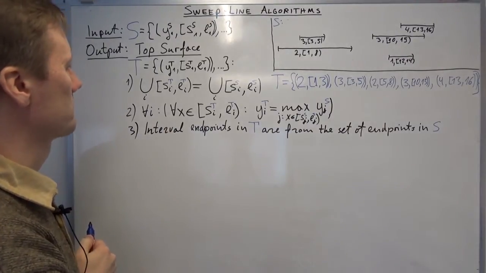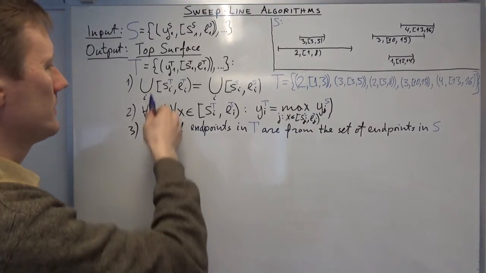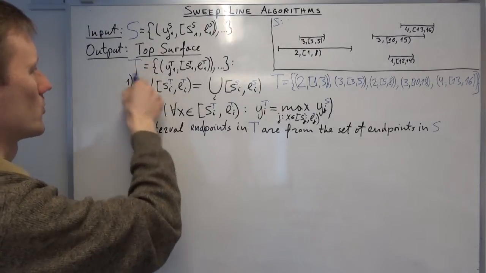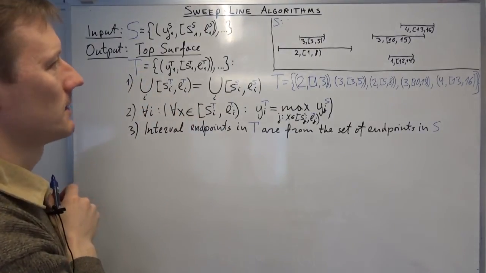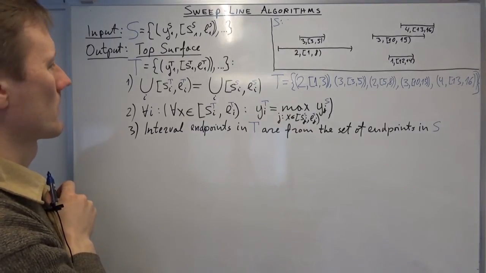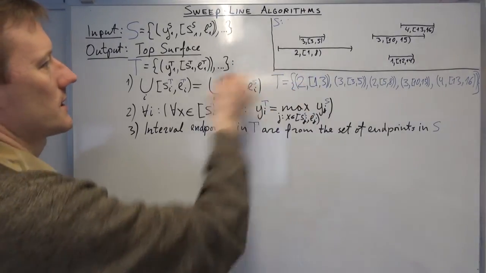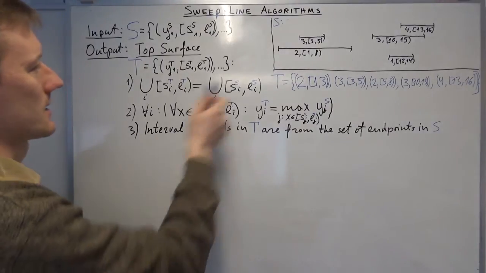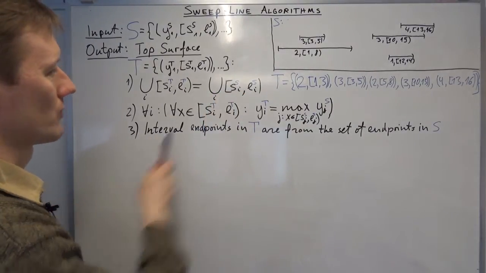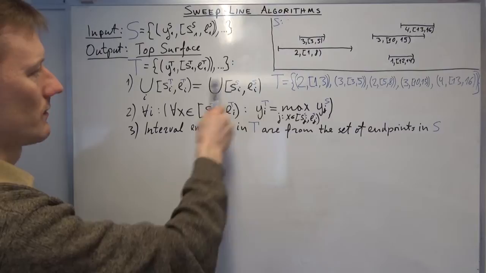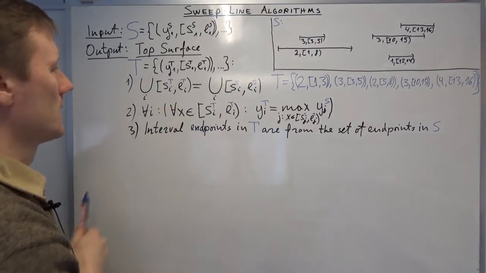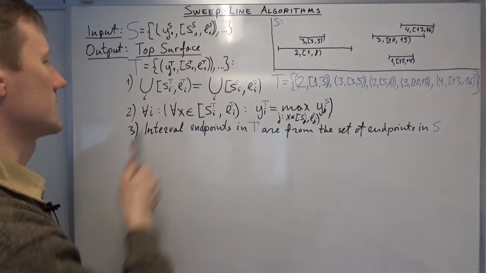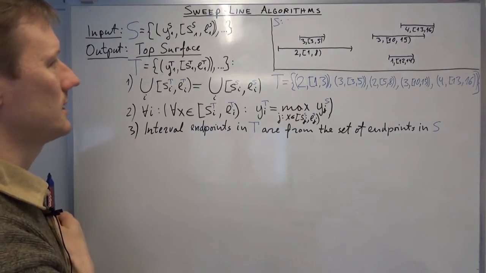More formally, the intervals in the output, which we denote by T, cover exactly the same coordinates on the x-axis as the set S. So the union of x intervals from the input set S is exactly equal to the union of x intervals from the output set T.